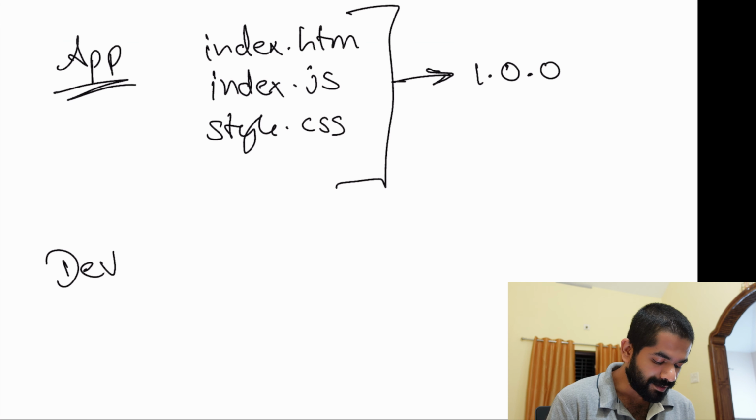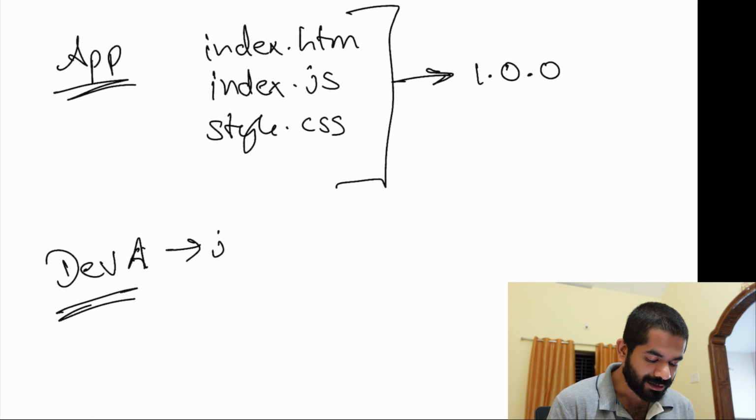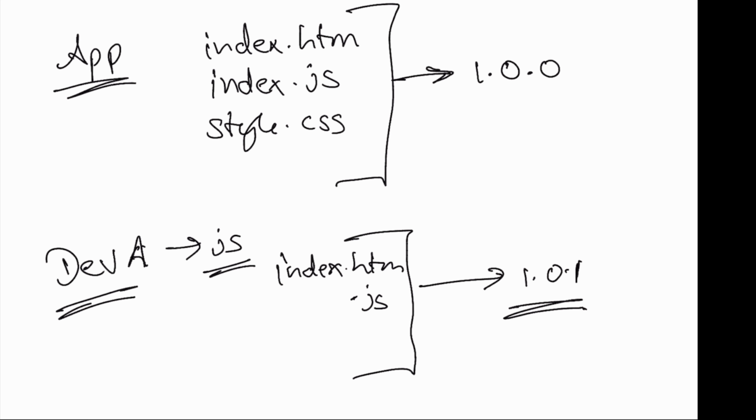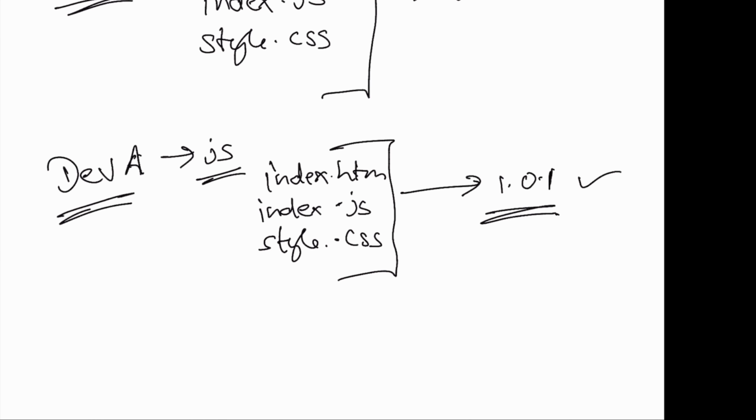Now developer 1, or developer A, makes some changes to the JS file. Now the new bunch that we have is going to be 1.0.1. So when he makes a change in the JavaScript file, the version changes to 1.0.1.